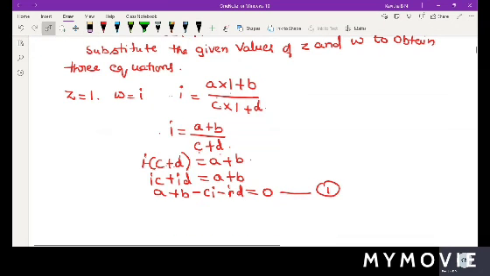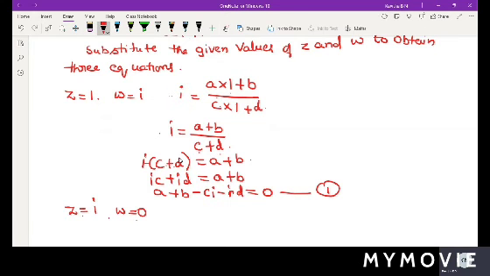Then write down. The next point, here z is equal to i and w is equal to 0.